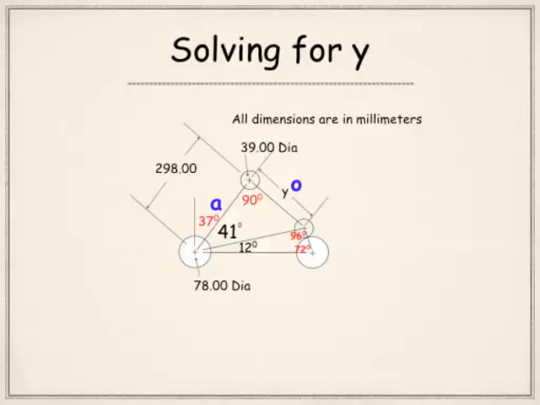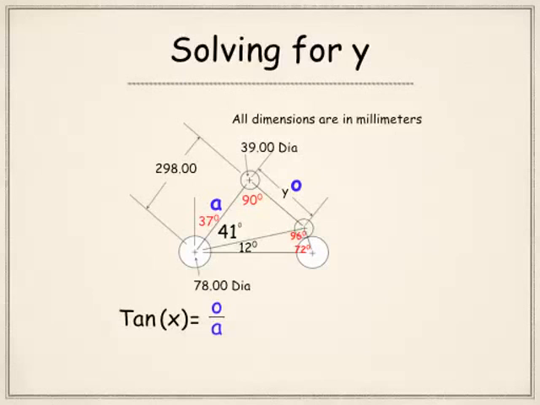So in relationship to angle x, or 41 degrees, the 2 sides, the one we know, which is 298, is the adjacent side, and y is the opposite side. This means we should use the tangent function, because we have the adjacent and we're looking for the opposite.